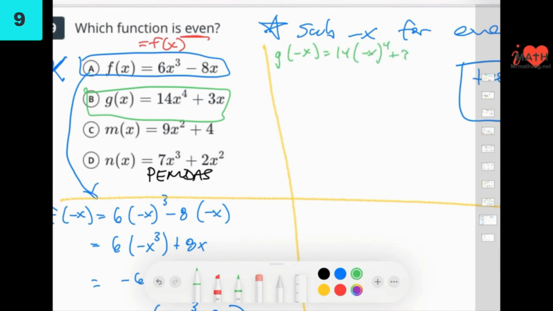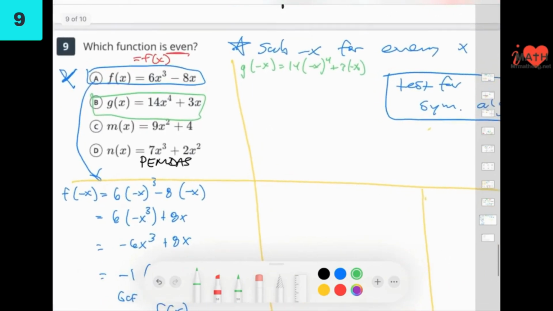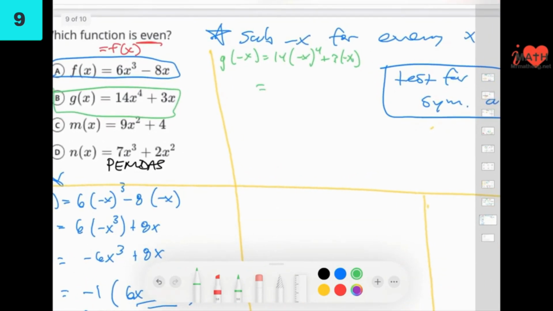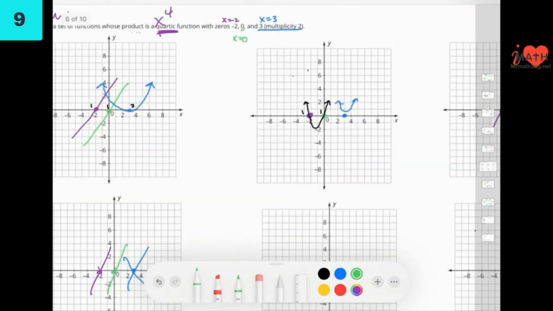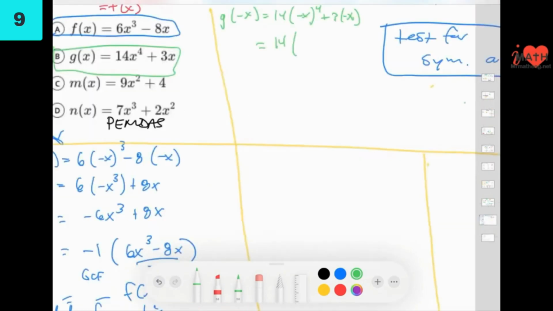And we're putting a -x for every time we see x. And so 14, -x to the 4th power is, no. Sorry about that. -x times -x is x squared. And essentially x squared times x squared is going to be x to the 4th power. This is going to be positive.